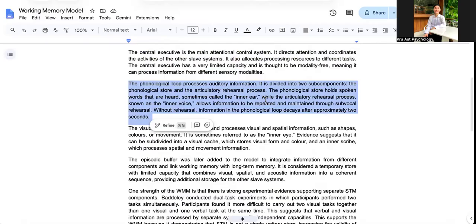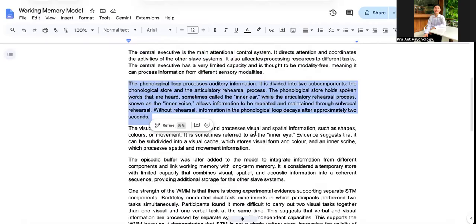It has this synonym, so we want to refer to it as the inner ear as well, while the articulatory rehearsal process, known as the inner voice, allows information to be repeated and maintained through subvocal rehearsal. Without rehearsal, information in the phonological loop decays after approximately 2 seconds.